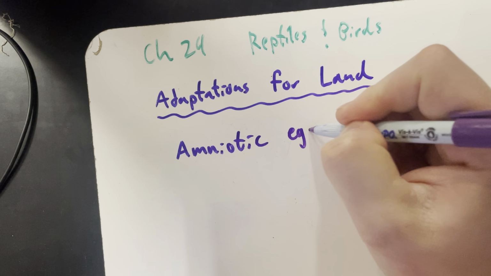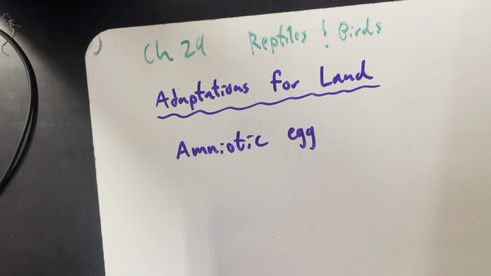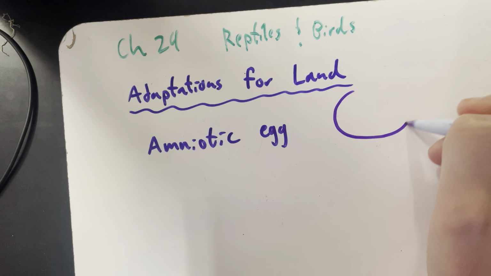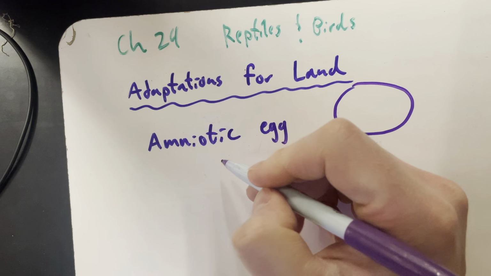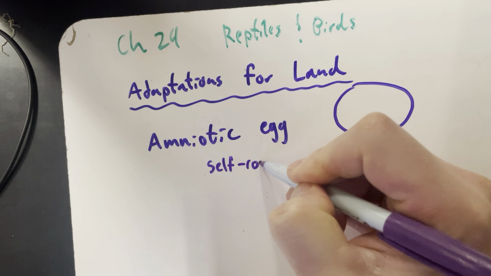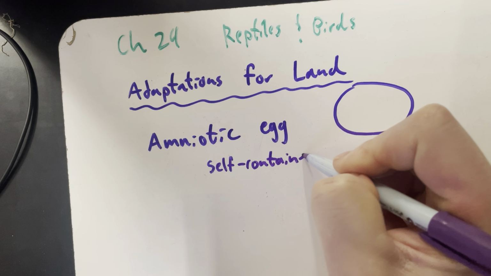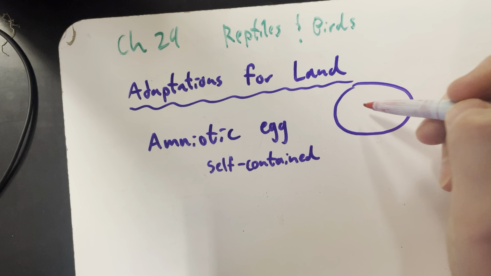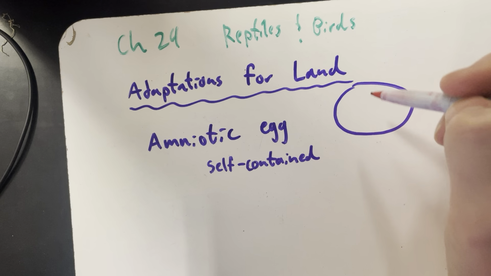Egg. And an amniotic egg means it is self-contained. It has what's called the amnion inside it.